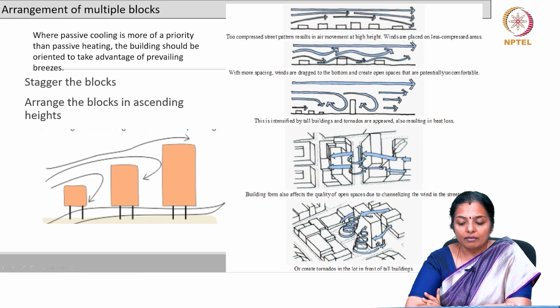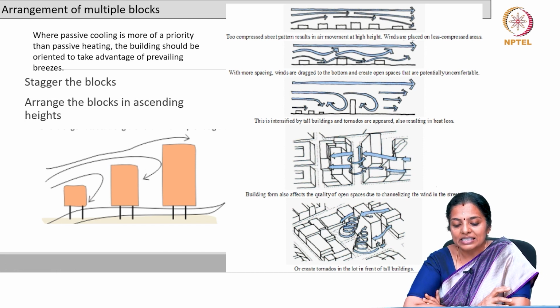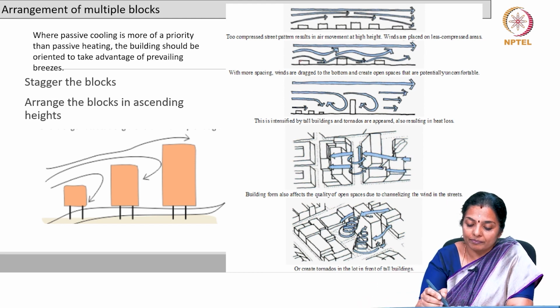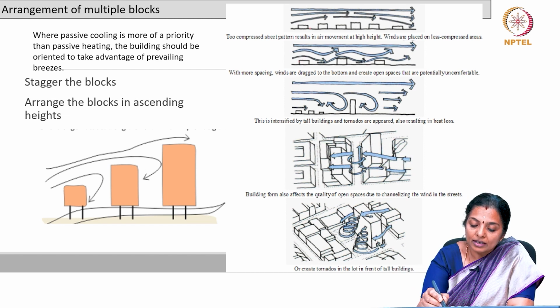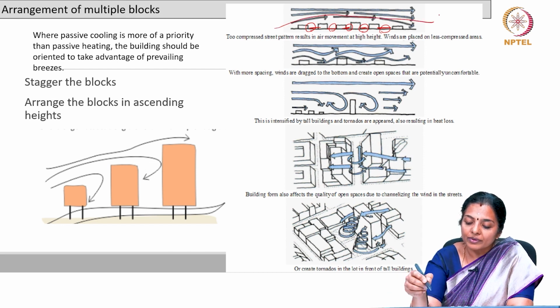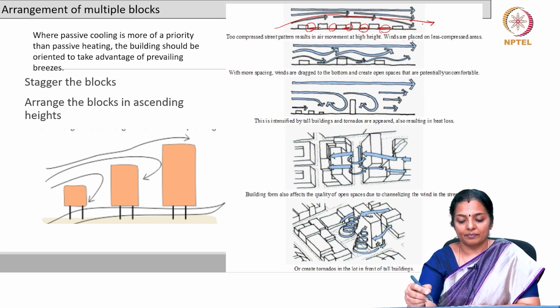Now, when we have too compressed a street pattern, it results in air movement at a higher height. Winds are better placed on less compressed areas with more spacing. When you have very little space in between the buildings, as shown here, it results in the air movement over the buildings.